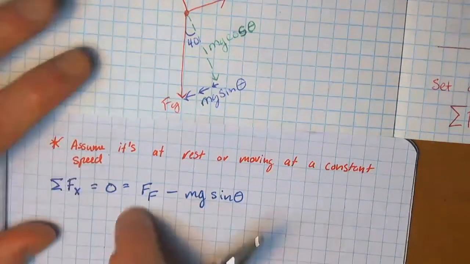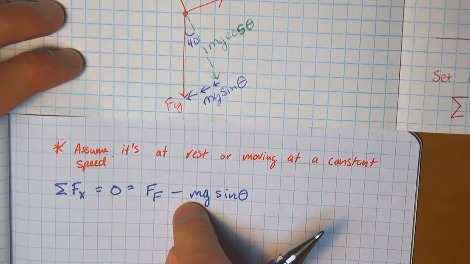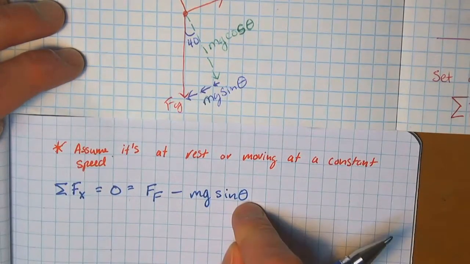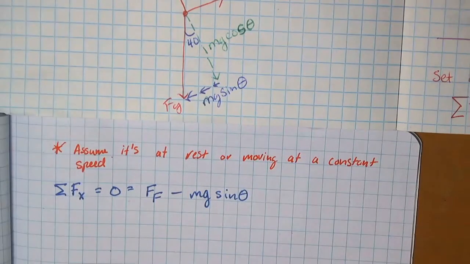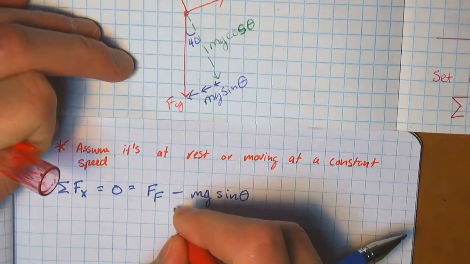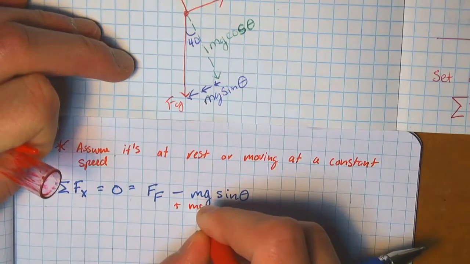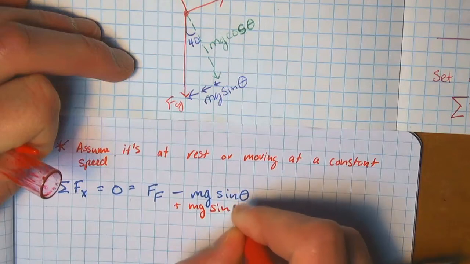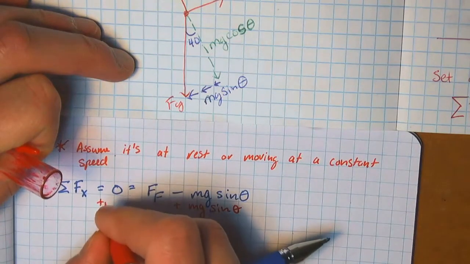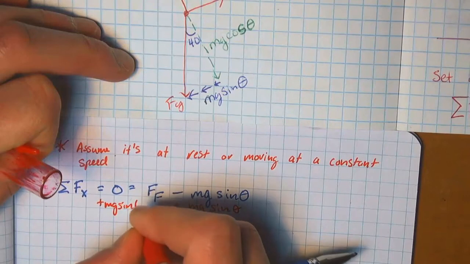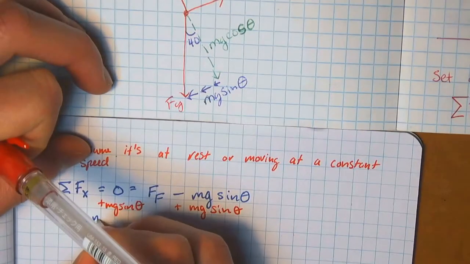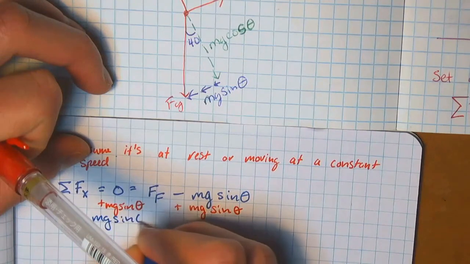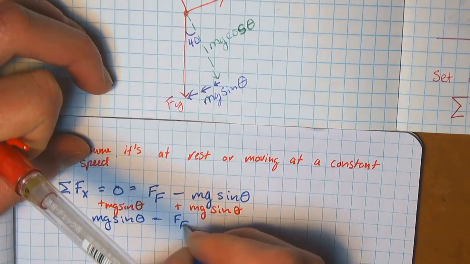In this case, we're going to be looking for force of friction. We know m is 5, g is 9.8, and theta is 40. So we'll go ahead and add it to both sides, right? So that is going to give us mg sine theta is equal to force of friction.